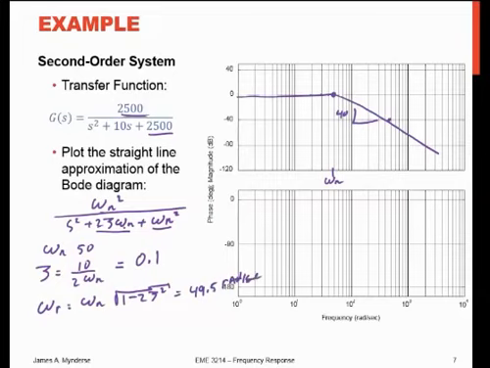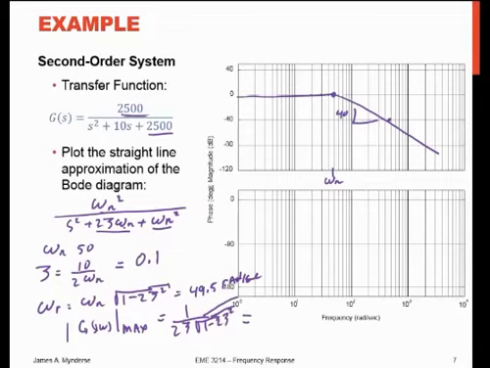I got a step ahead. The magnitude here at G(j omega) maximum is equal to 1 over 2 zeta times the square root of 1 minus zeta squared.